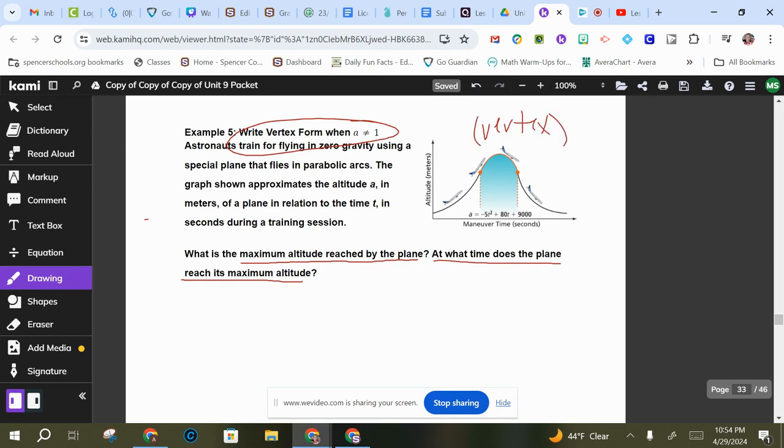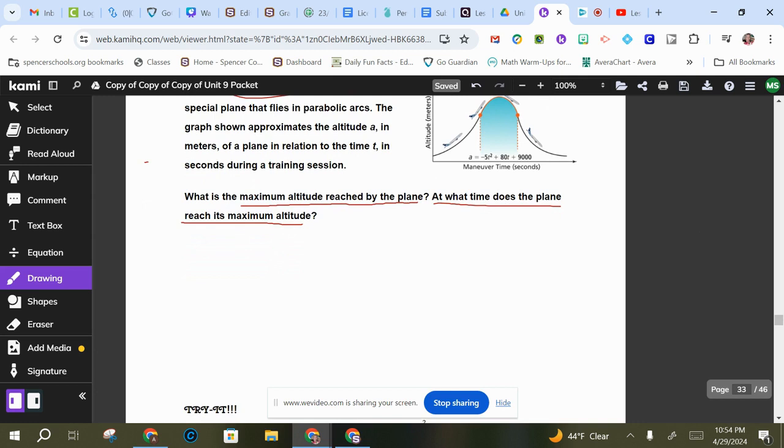Looking for the vertex. So the equation is A equals -5t squared plus 80t plus 9,000. Our goal here is just to put it in vertex form so we can look at the vertex.